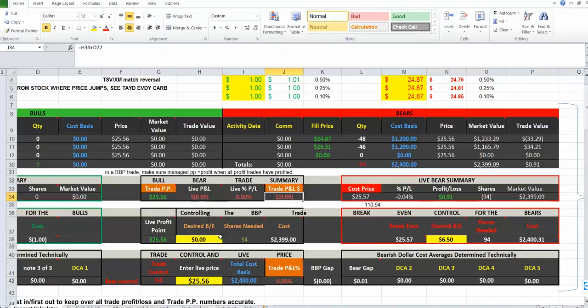It's always a penny above or below what this is calculated, so let me enter in 25.55. Would I enter in 25.56? Interesting. Okay.